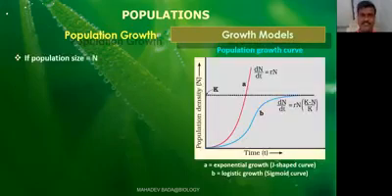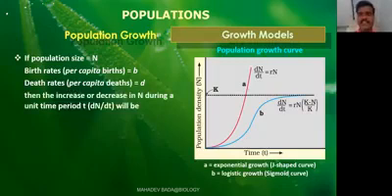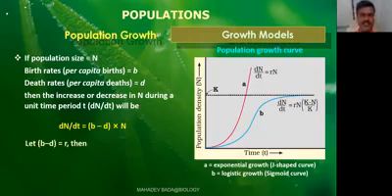If population size is N, per capita birth rate is b, and death rate is d, then the increase or decrease in population size during a unit time period t, dN/dt, is equal to (b minus d) times N, which is the formula that we use.